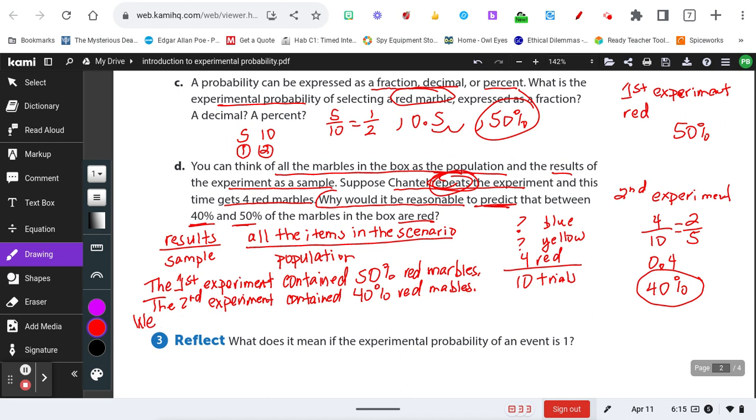We should expect the box to contain a number of red marbles between those two percents then.